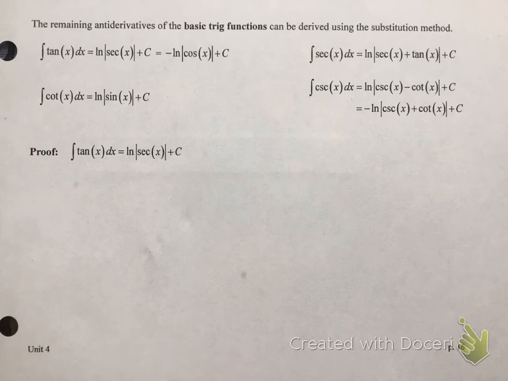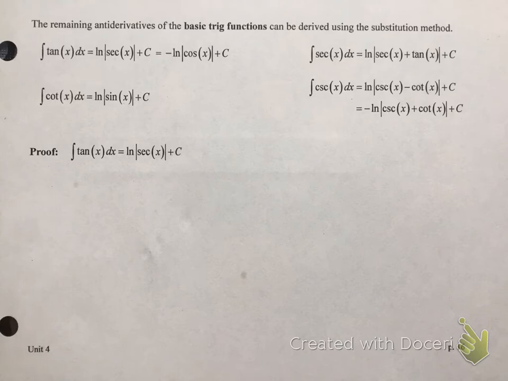The integration of secant x dx equals the natural log of the absolute value of secant x plus tangent x plus c. And finally, the integration of cosecant x dx equals the natural log of the absolute value of cosecant x minus cotangent x plus c, which is equivalent to the negative natural log of the absolute value of cosecant x plus cotangent x plus c.